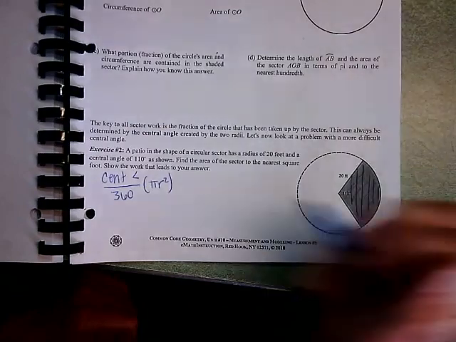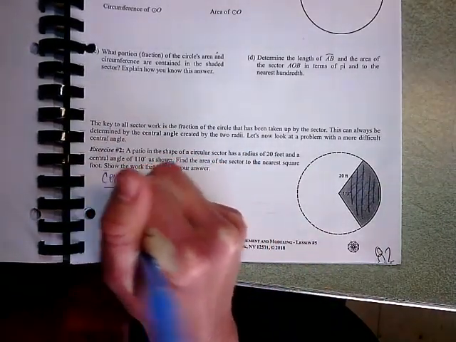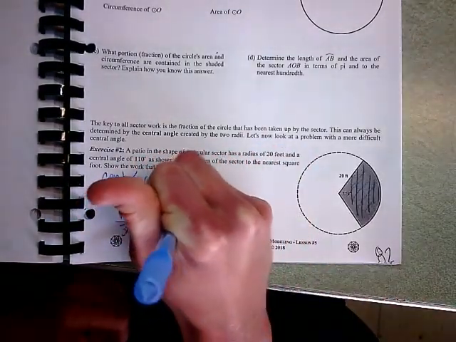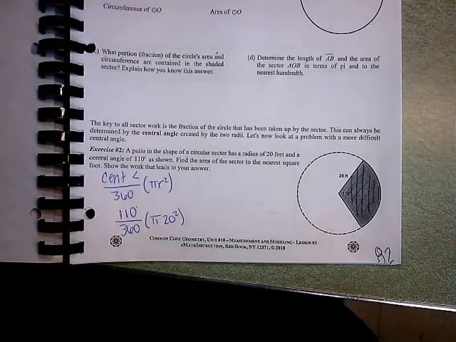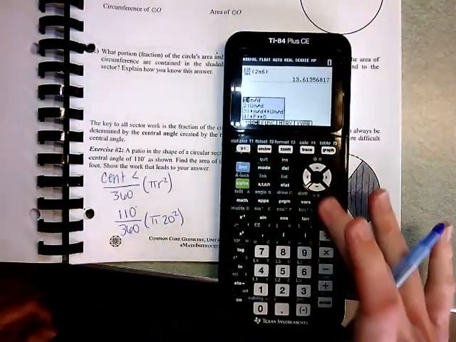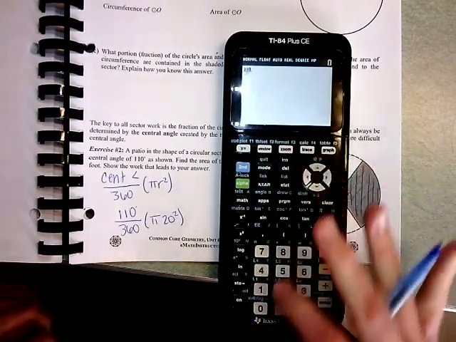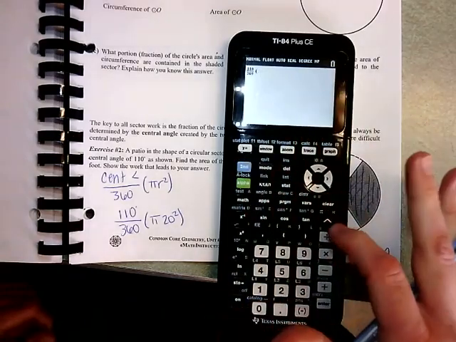So we're going to use that central angle divided by 360 times the area of the entire circle idea. Now the central angle they have here for this shaded part is 110. So we're going to do 110 divided by 360 times pi, the radius is 20, so pi 20 squared. Okay. So let's get our calculator. So let's do 110 over 360 times pi.